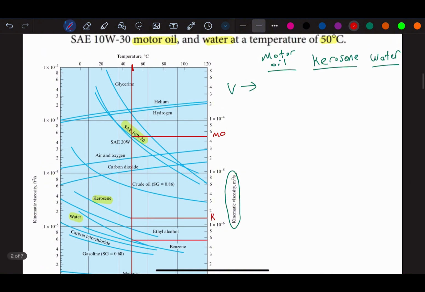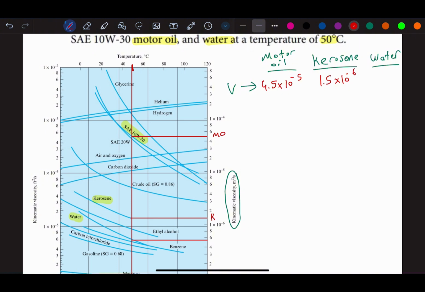So for motor oil, we can take 4.5 times 10 to the power of -5. For kerosene, we can get something between 1 and 2, so let's assume it is 1.5 times 10 to the power of -6.